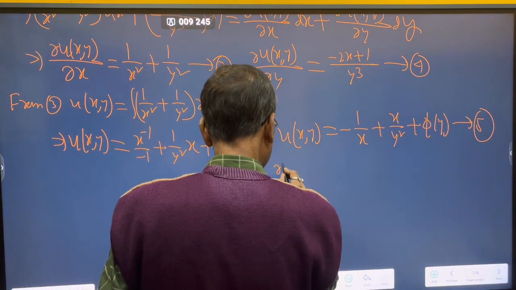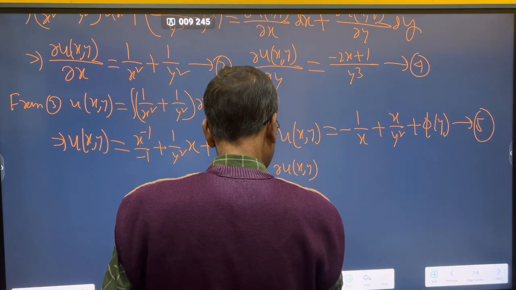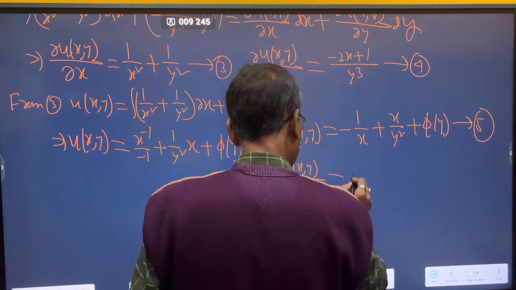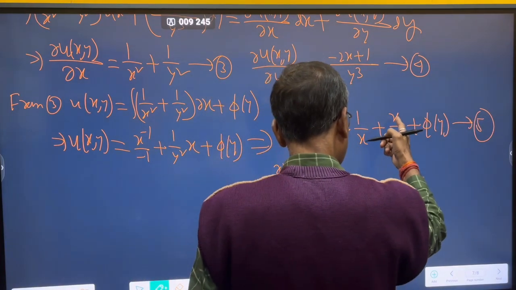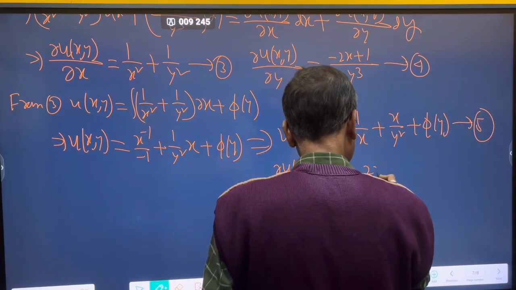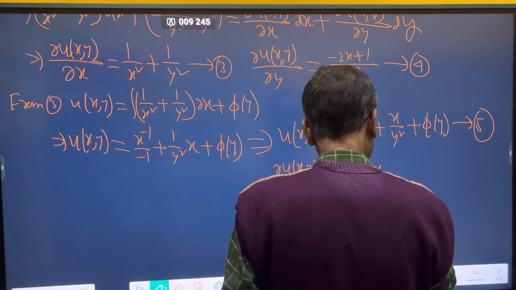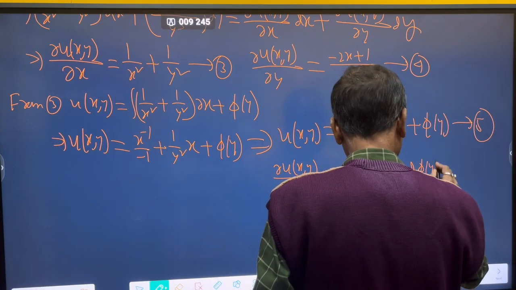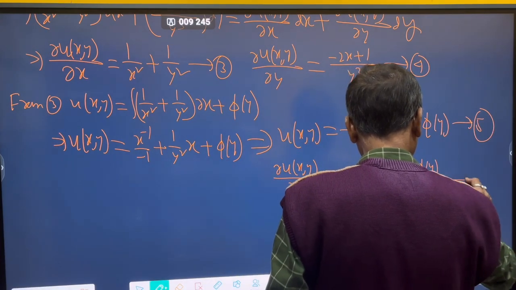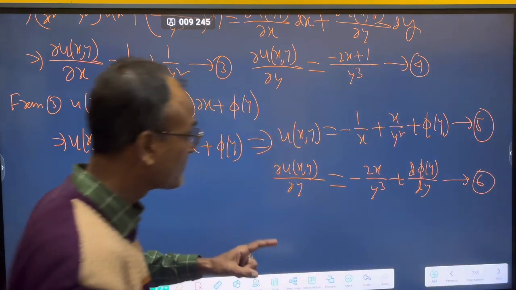Del u by del y will be, constant, −2x/y³ plus d phi by dy. Suppose this is number 6.